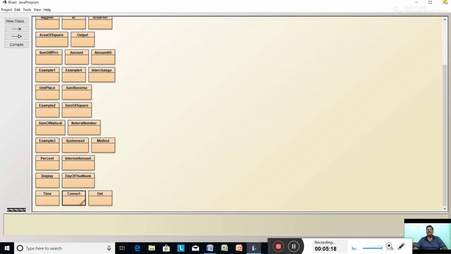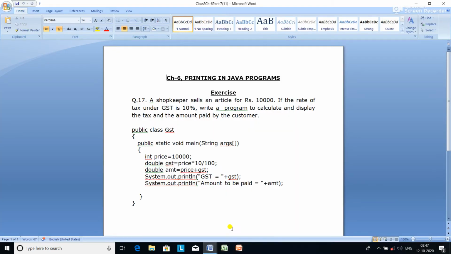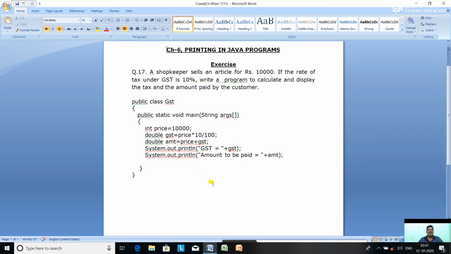Alright, now one more program for practice I am giving you here. That is the last question for today. This program is not given in the exercise. Question number 17. A shopkeeper sells an article for rupees 10,000.